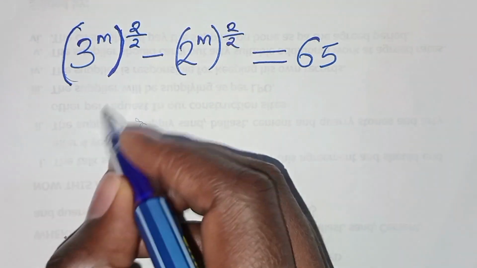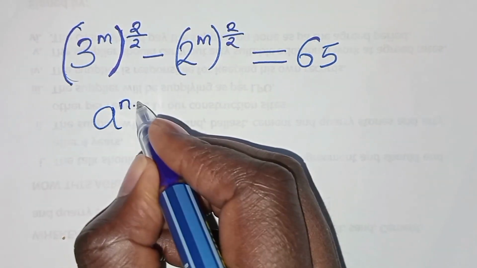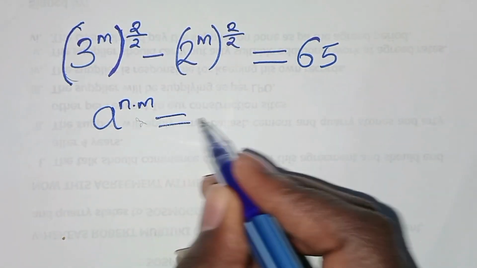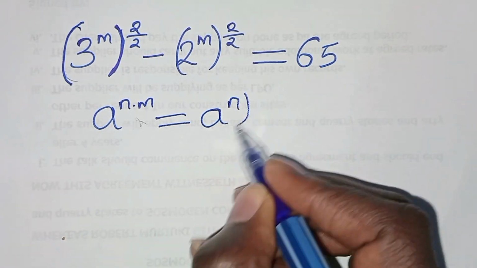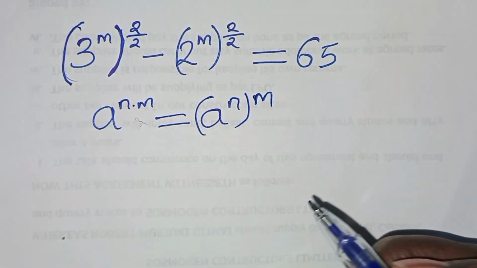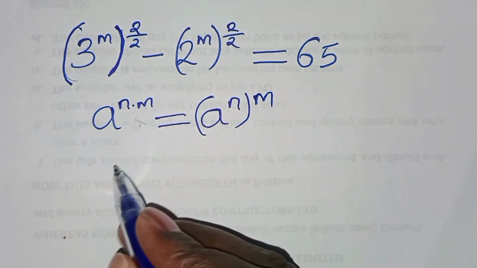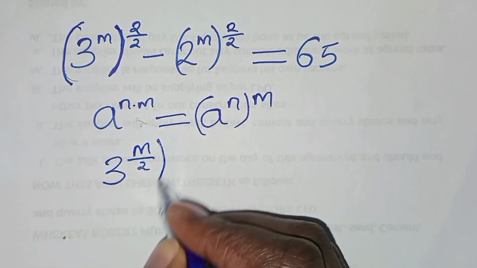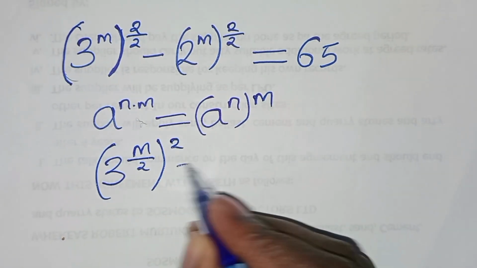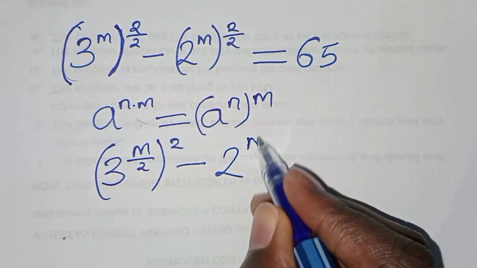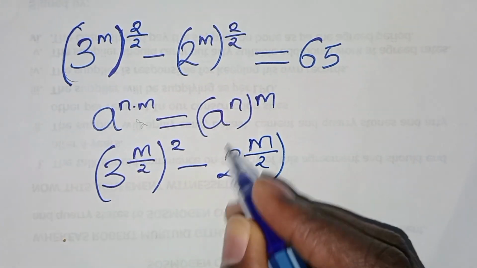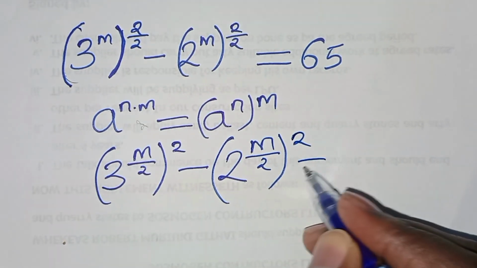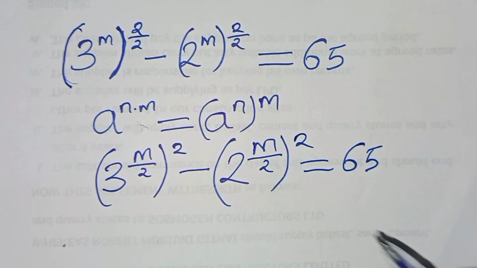Now, given that a to power n times m, we can express this as a to power n raised to power m. Applying this exponent property, then we'll have 3 to power m over 2 raised to power 2, subtract 2 to power m over 2 raised to power 2. This is equal to 65.